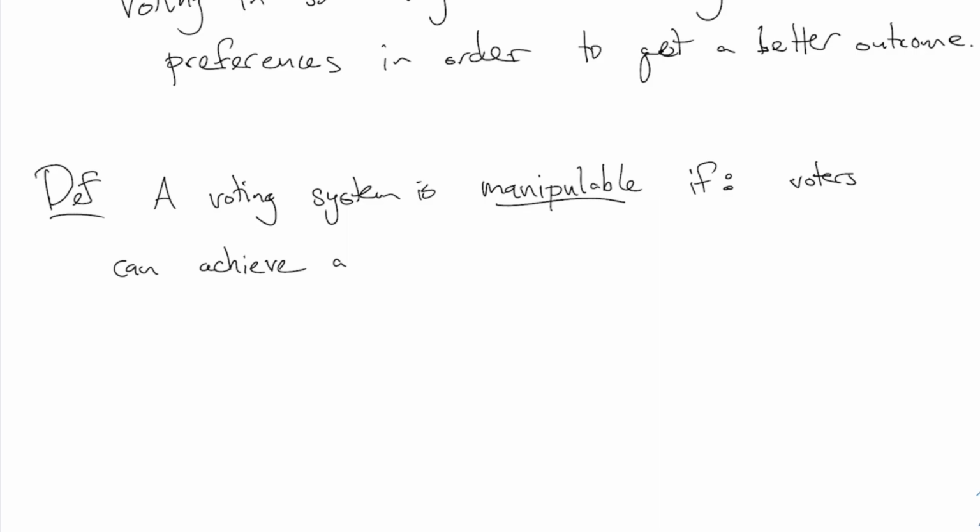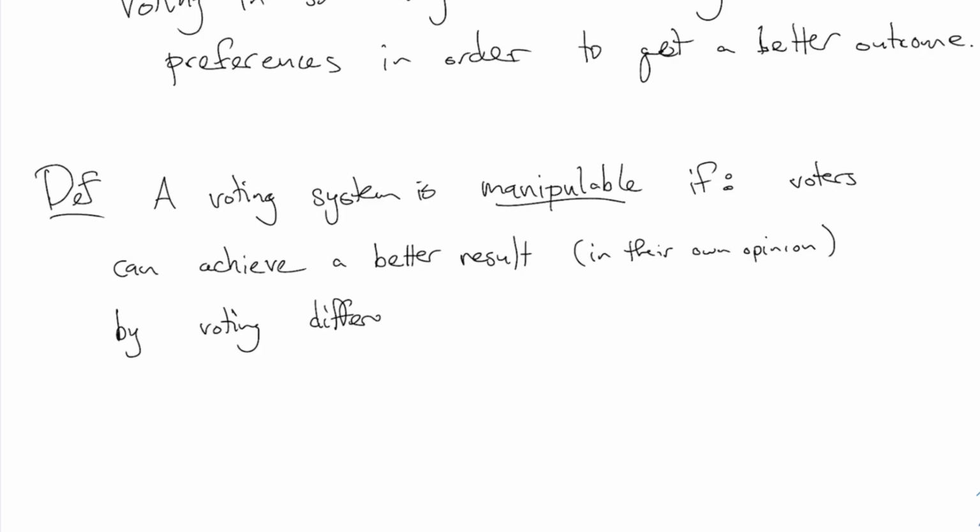Did I spell achieve wrong? No. I'm also a little shaky on the IE thing. If voters can achieve a better result, better, of course, I mean in their own opinion, by voting differently from their true preferences.